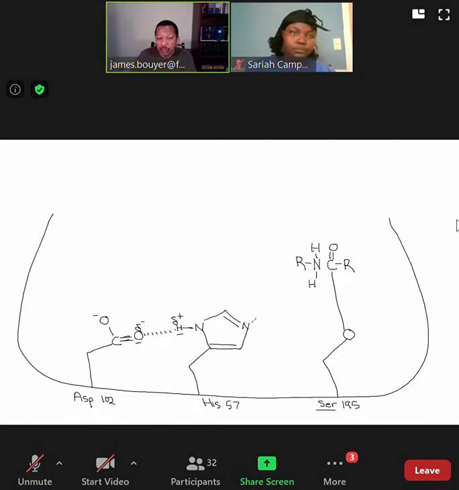Histidine, that was protonated with a positive charge, now is donating. It's a general acid. It donated a hydrogen here. We have formed the NH2, the free amino group. So now this part is ready to leave. The carboxyl part cannot leave because it's still covalently attached to serine, the substrate.